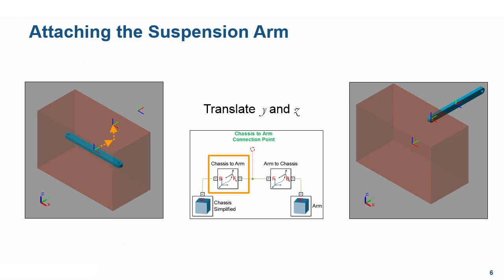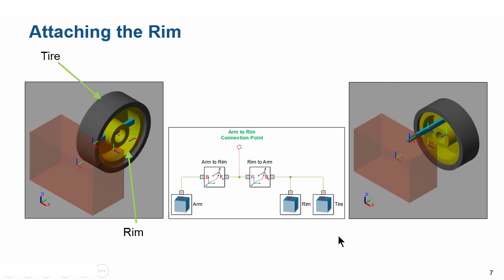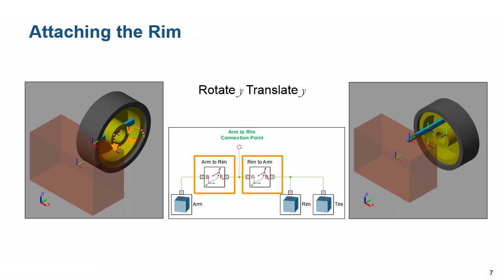To do this, we translated the arm from the chassis first. Then we rotated and translated the arm itself. Attaching the rim required translation from the arm and rotation and translations from the rim itself. We did this to position the rim such that the upper arm is attached to the upper part of the rim defined by the wheel bias parameter.